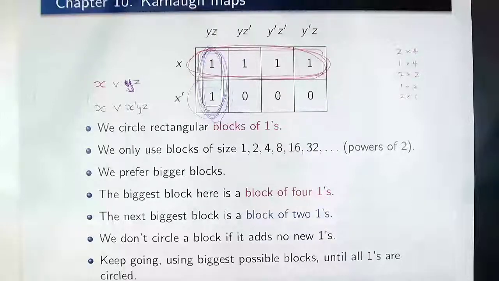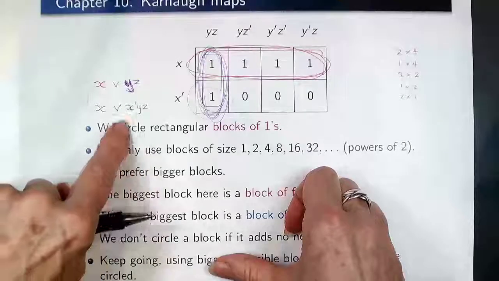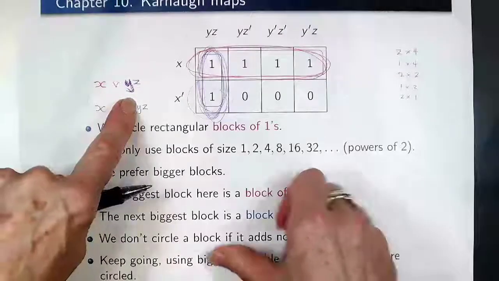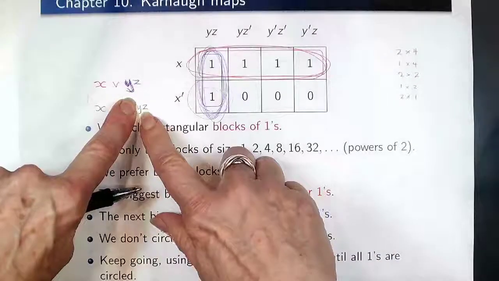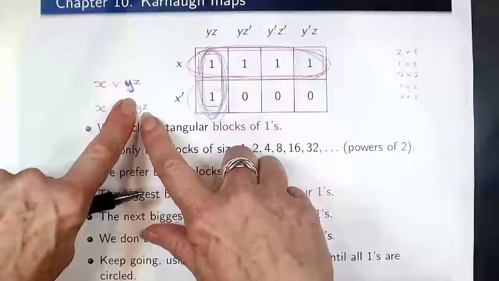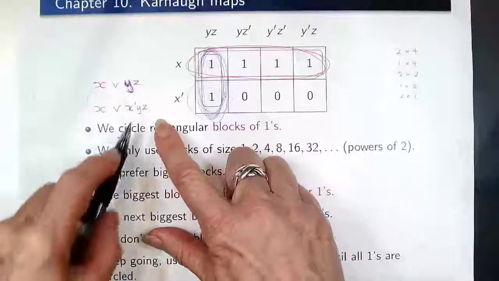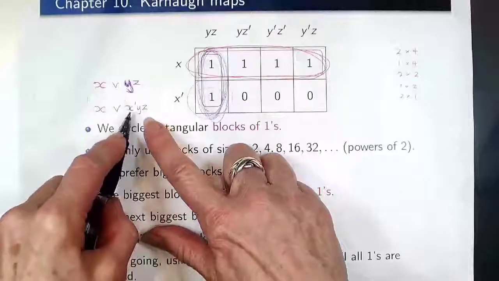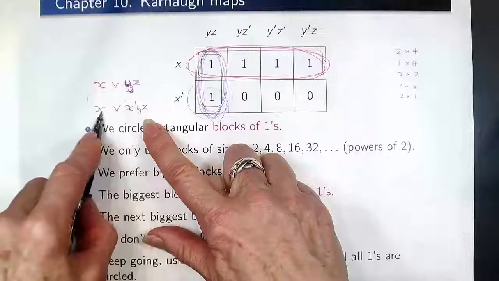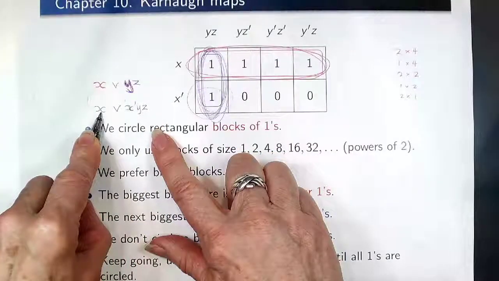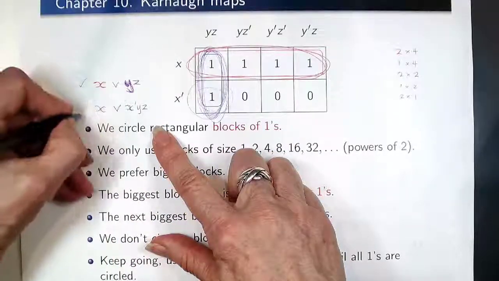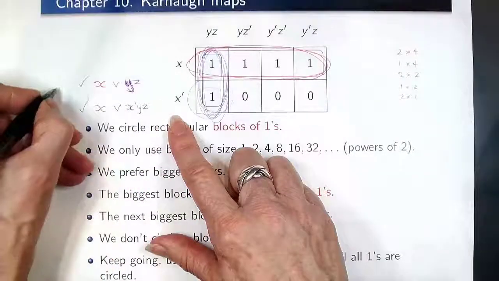If I leave out the X dash, that just says, or I've got YZ. Doesn't matter whether it's X or X dash. This leaves out the case that we've got X along with Y and Z, but that's captured here. So these are both correct. It's just that this is simpler.